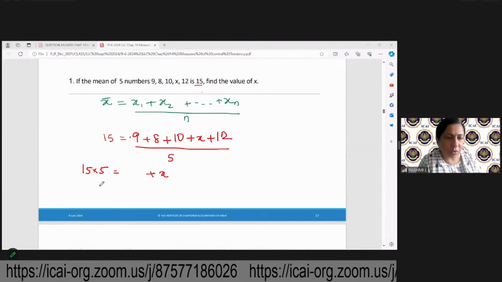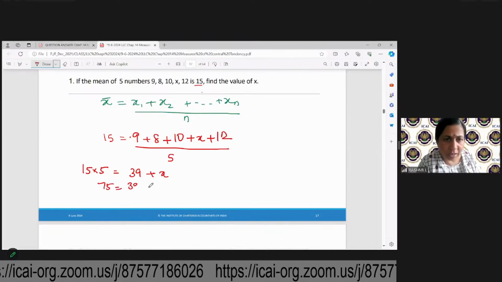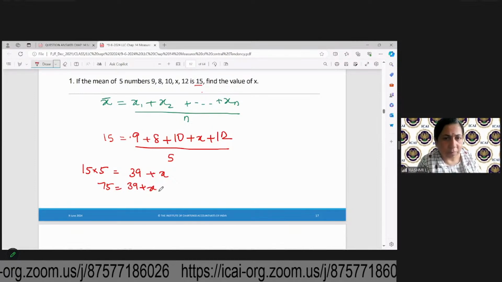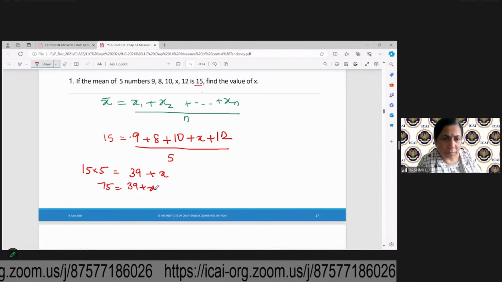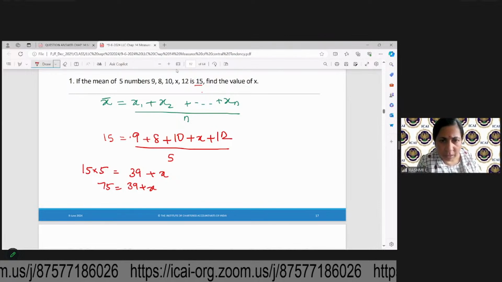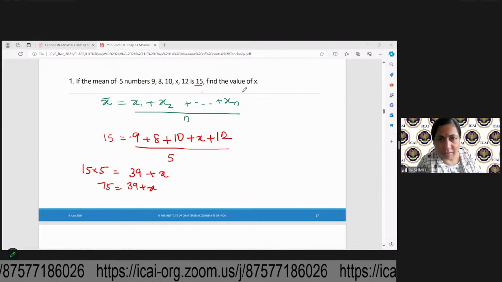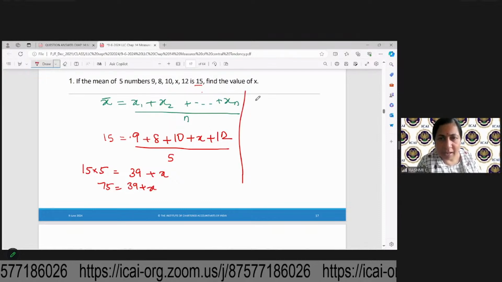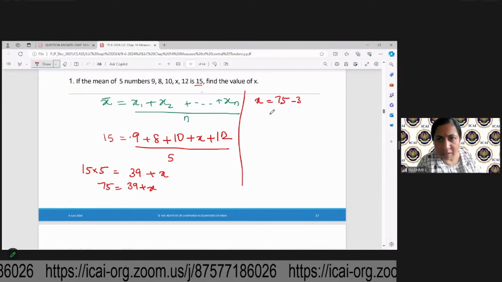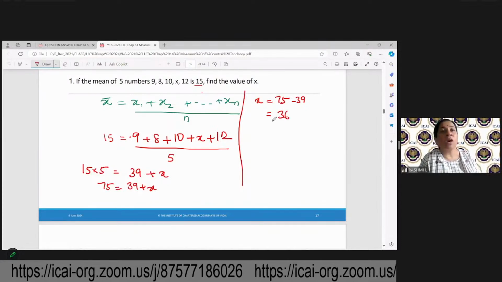How much is 15 into 5? 75. 75 is equal to 39 plus x. Now, what is the value of x? x will be equal to 75 minus 39. So how much is this? 36.